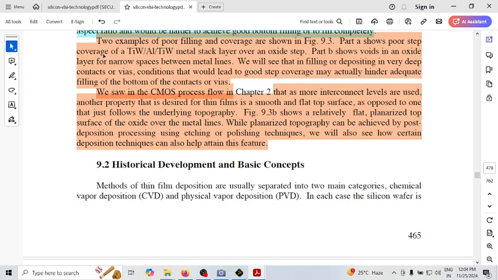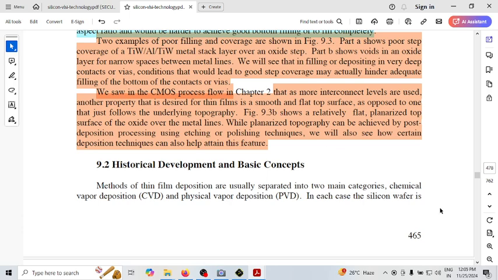So it is showing a void and a very poor step coverage. In filling and depositing very deep contact and via conditions, what would lead to good step coverage actually hinders adequate filling.